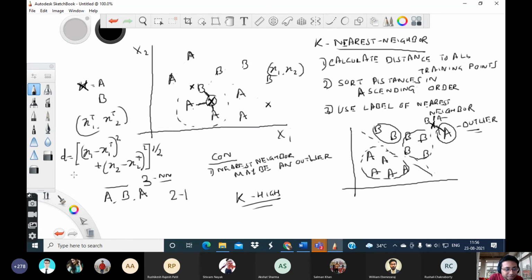Third, from that sorted list, choose the first k points.